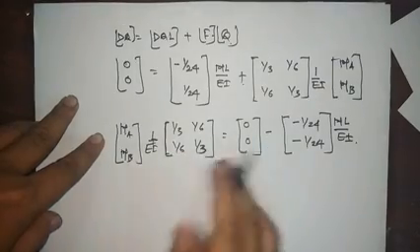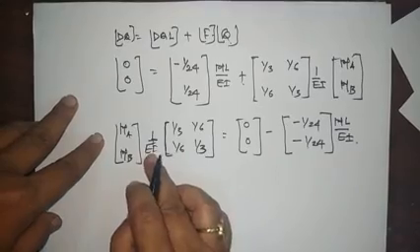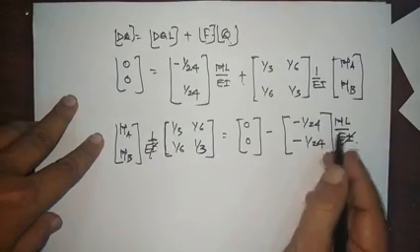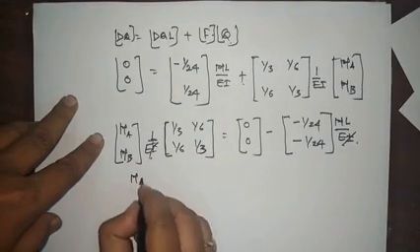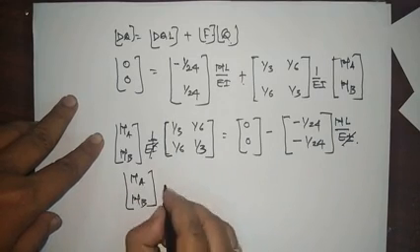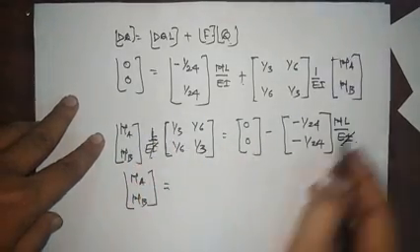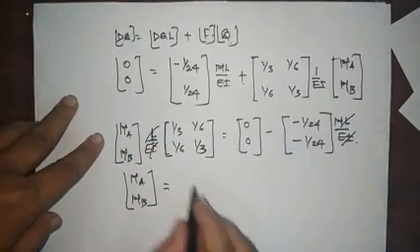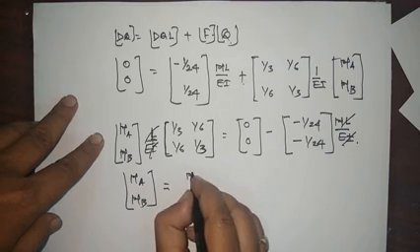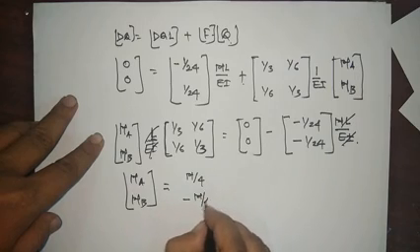So now if you solve this, you take it towards the right side, this becomes the inverse. So this EI gets cancelled out, and this L also gets cancelled out. So the final value of that matrix, MA and MB, is M by 4 and minus M by 4.